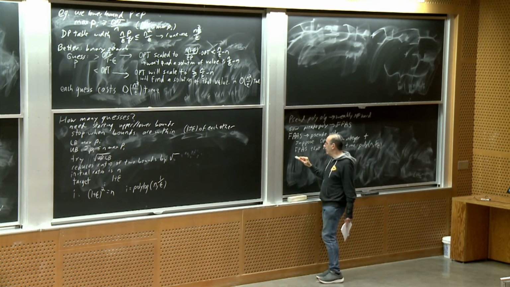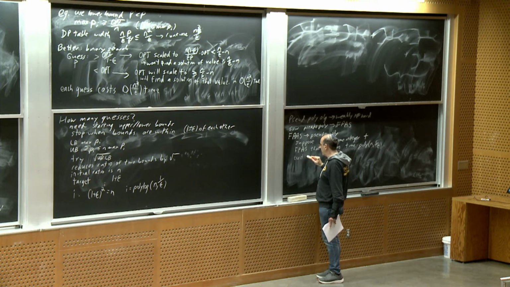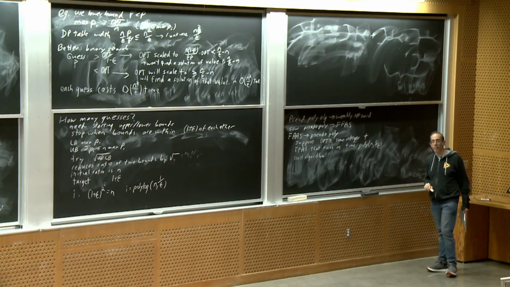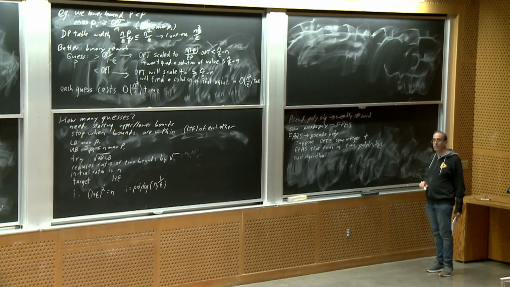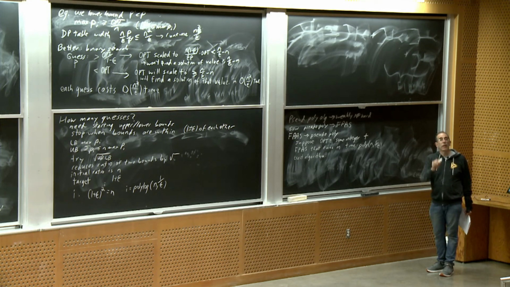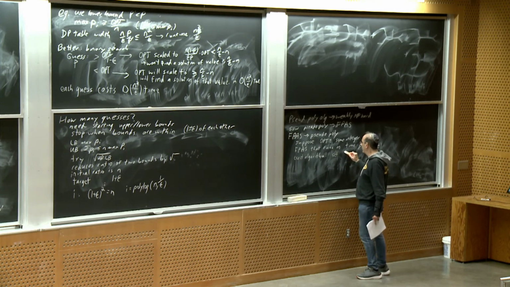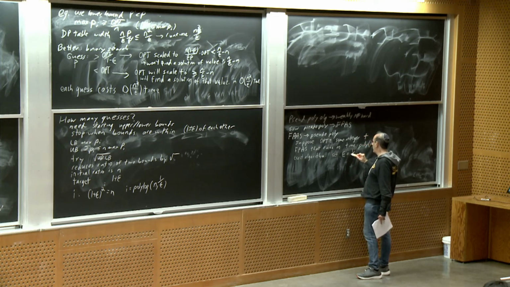How can I get an exact algorithm? Yes? Use epsilon equals 1 over t. Exactly. I'm just going to be careful: 1 over 2t.